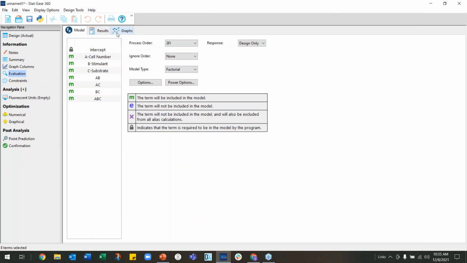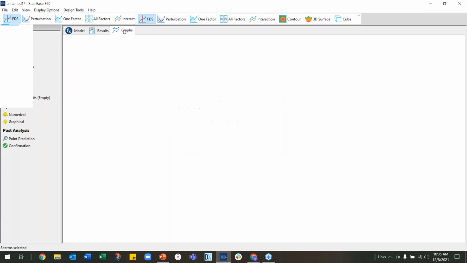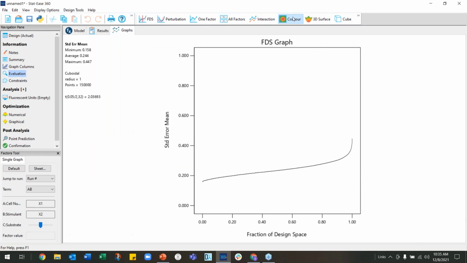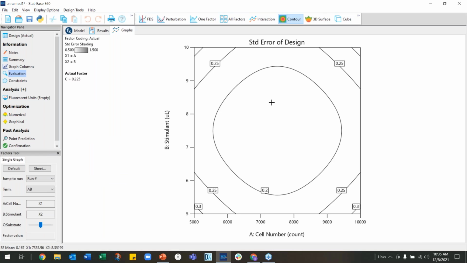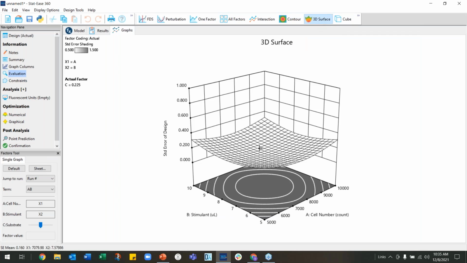I'm going to go to evaluation, graphs, and contour, and I would get the standard error of that particular design. And here's a 3D surface of it. Of course, lower is better, but there's no particular spot at which it's deemed to be bad, just lower is better.